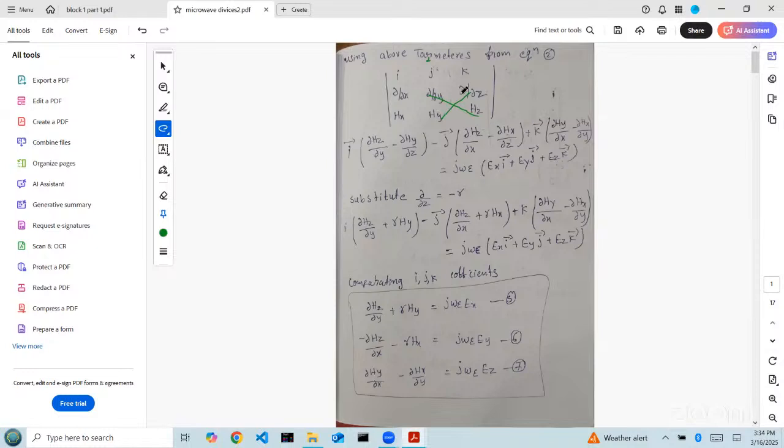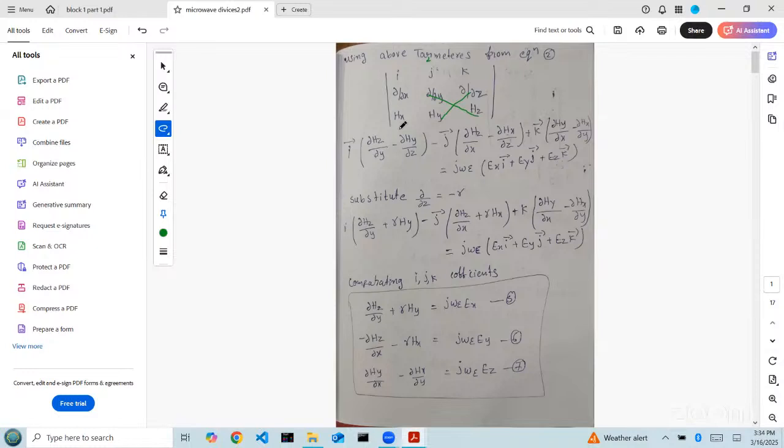Minus dou by dou Z of HX. Next the K term: dou by dou X of HY minus dou by dou Y of HX. This LHS side is okay.